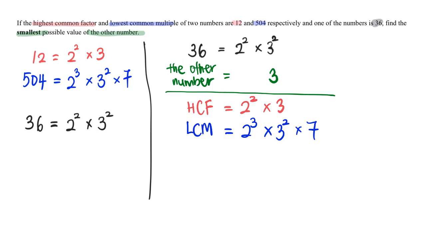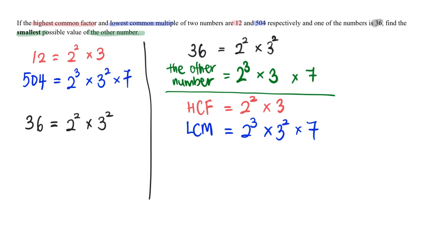It must come from the other number, right? The 3 power 2 can come from 36, and the 7 again must come from somewhere. Yes, it must come from the other number, so that now we are able to satisfy all the conditions.